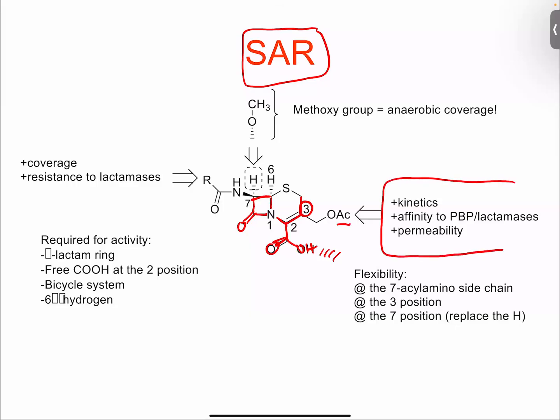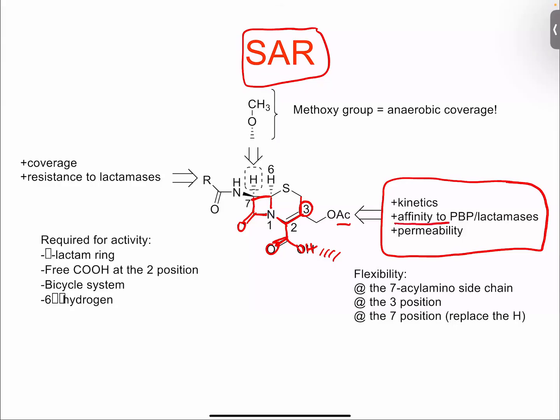But when you start to survey the structures of some of the latter cephalosporins, what you're going to come to realize is that you can modulate kinetics with substituents at the 3 position. And that's important because that could be the difference of giving a cephalosporin every 6 or every 8 hours versus just once daily.